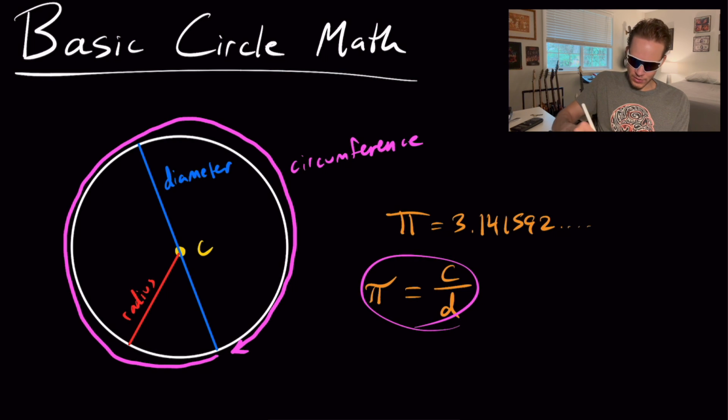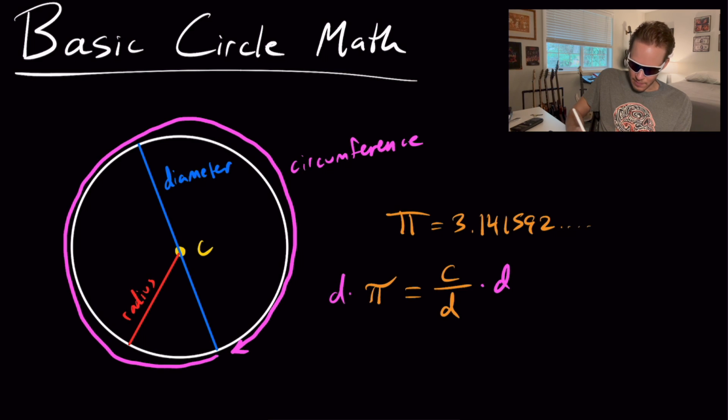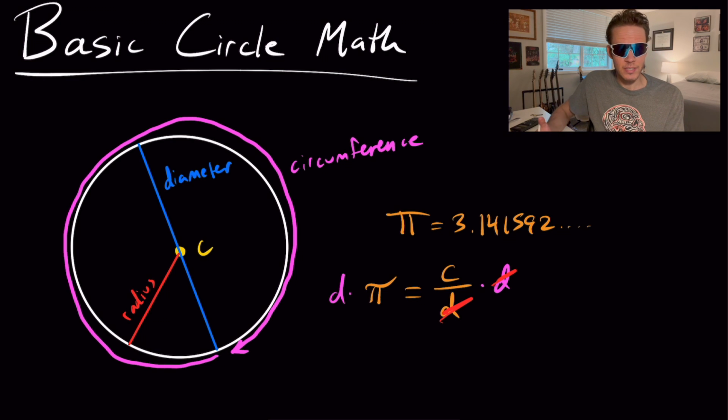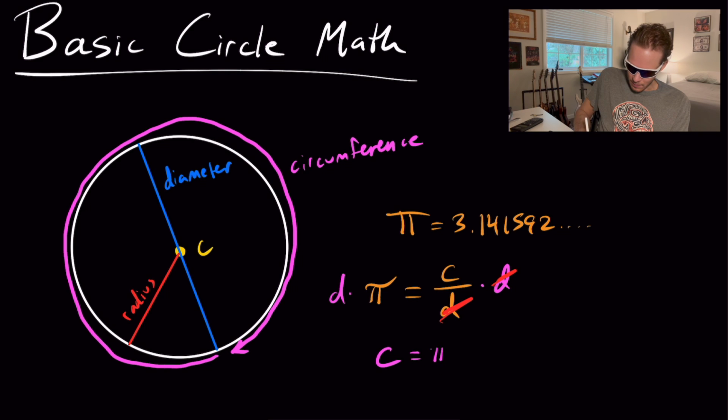So if we rearranged this equation, maybe if I multiplied both sides by d so that these two could cancel out, I now have this equation written, solved for the circumference. So we have a formula for the circumference, and that is C is equal to pi times d. Or if we wanted to write it in terms of the radius, well, the diameter is equal to 2 times the radius.